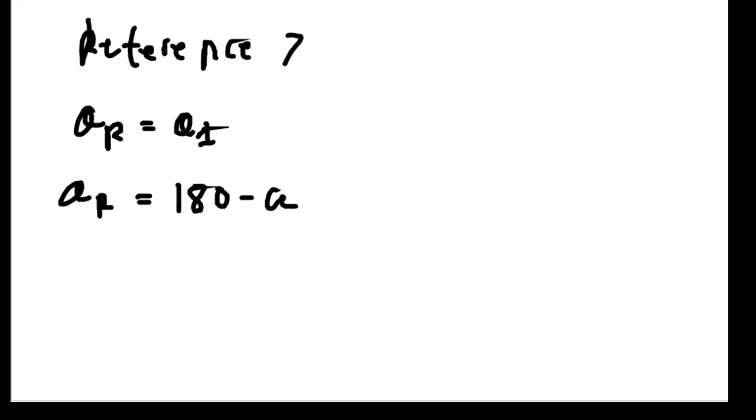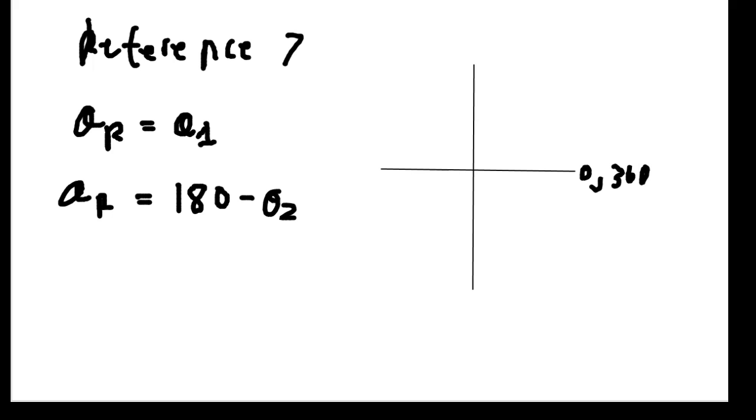Ang reference angle sa quadrant 2 is we're going to subtract: 180 minus the angle that we need. So if we have a unit circle here, we got 90 sa top side, left side is 180, and sa baba is 270 degrees. So yung quadrant 1 here, angle 2 dyan.